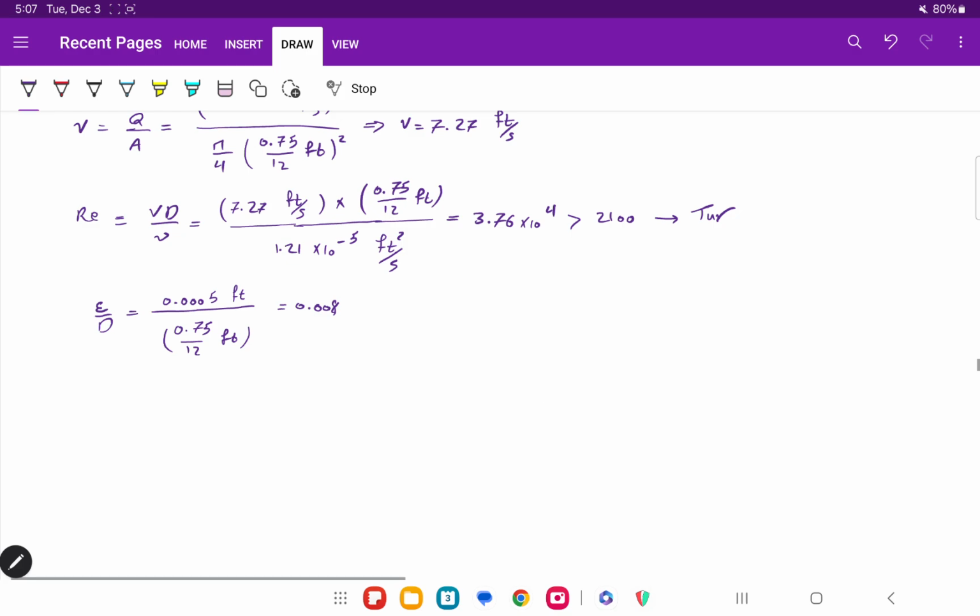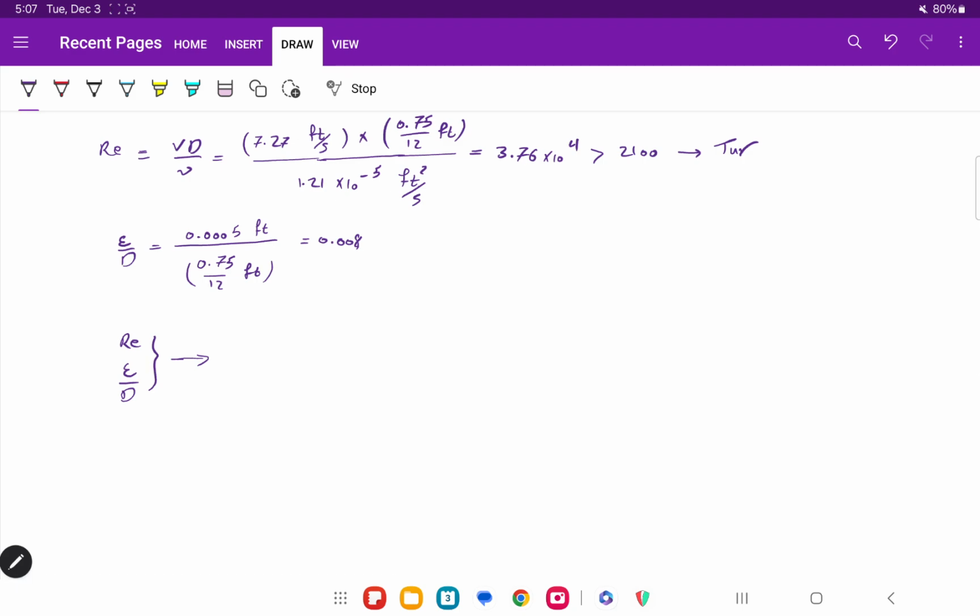So now if you go to the Moody chart with this Reynolds number and epsilon over d, just like what I did in the previous problem, you will find that friction factor equals 0.037. And now you can find the answer.